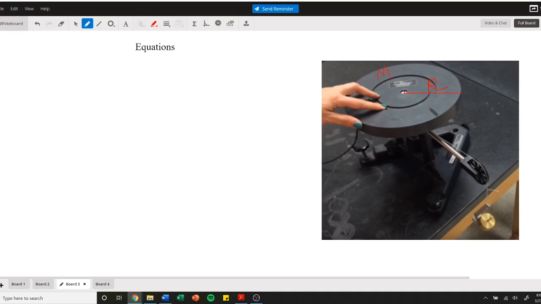We're going to measure its moment of inertia by spinning it by dropping a mass to the ground. So we're going to put some certain amount of mass on here and drop it to the ground and measure the time it takes to go the height.